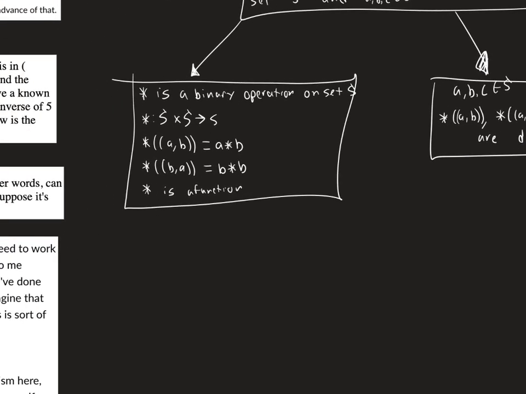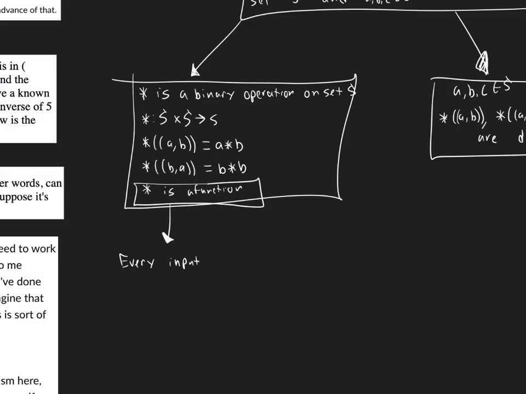Here we have star is a function. I don't know exactly how Dr. Kim does this, but this is my version of a flowchart. So star is a function. What does that mean? What's the definition of function?